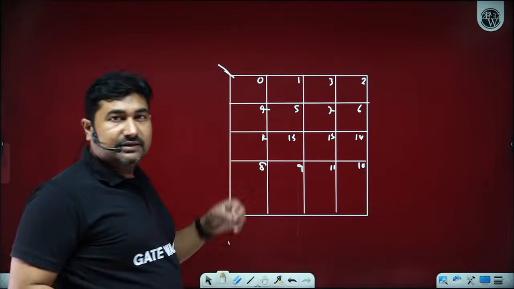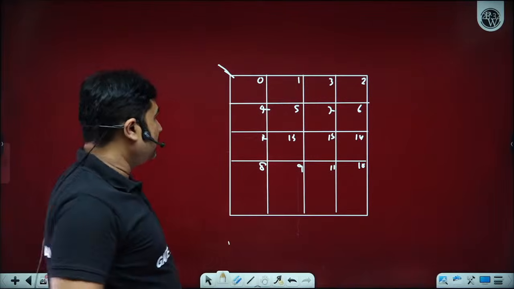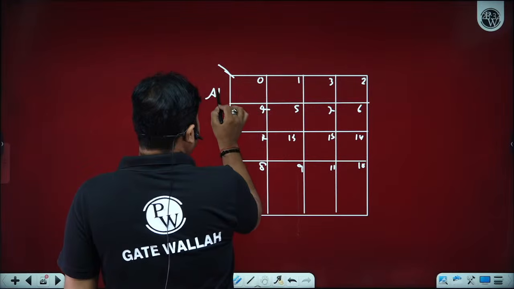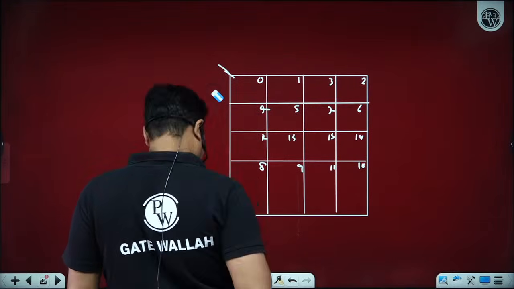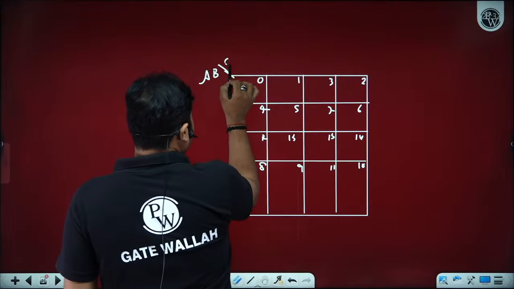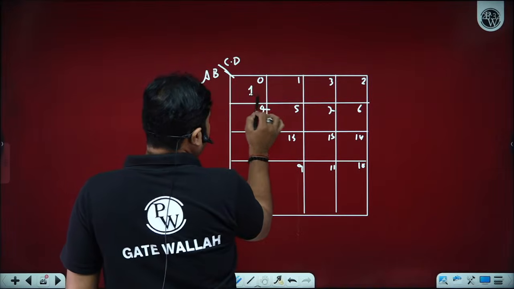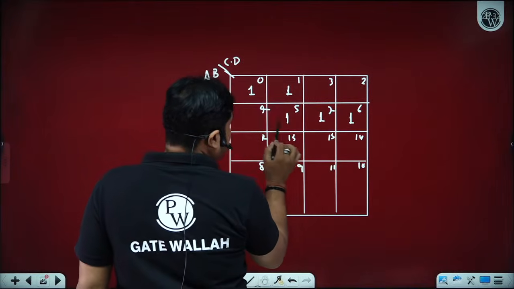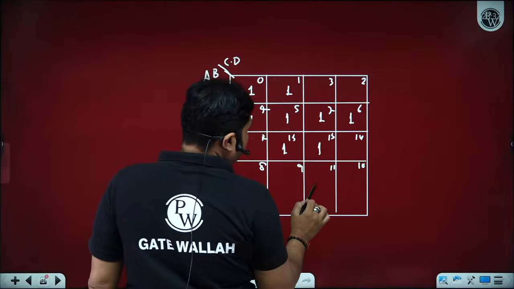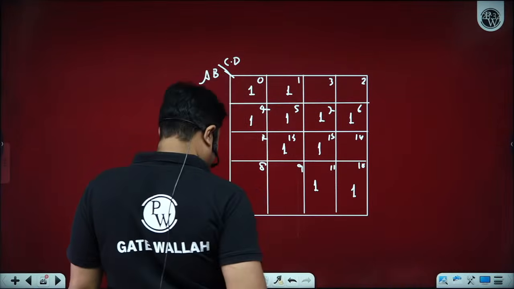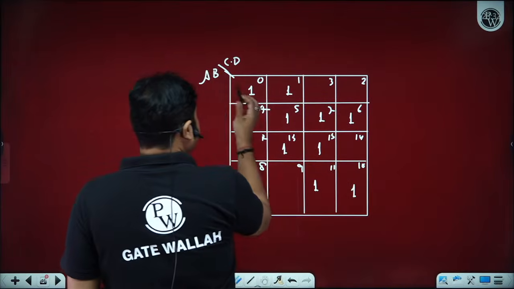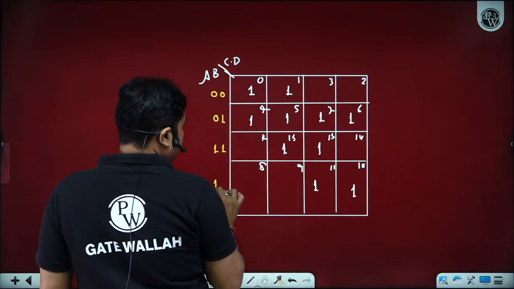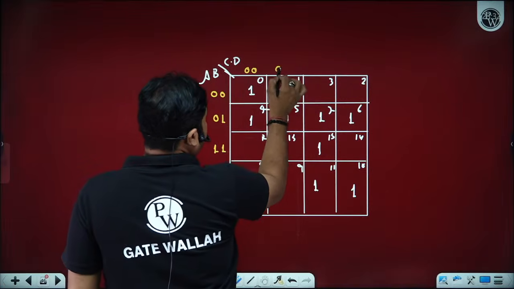Can you please answer this particular one? What is the best size? Okay, so we have a function of A, B. The SOP function is represented in the K-map shown below.